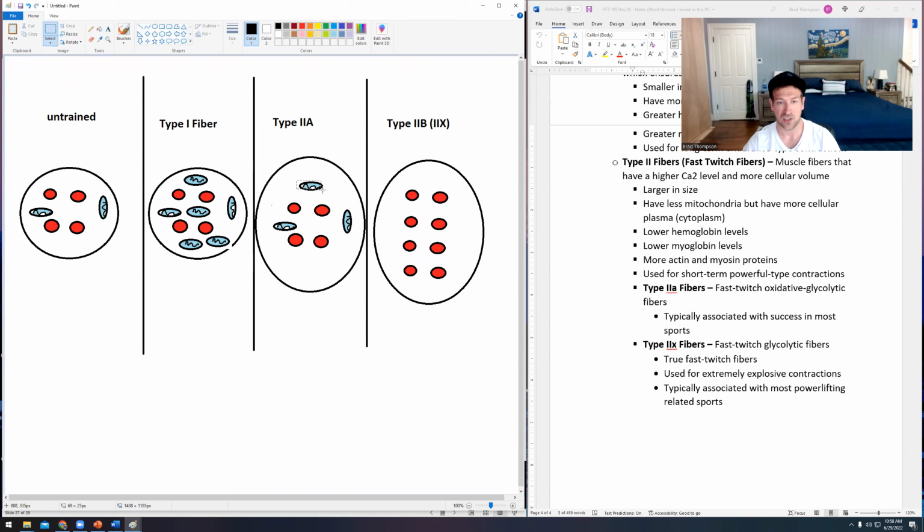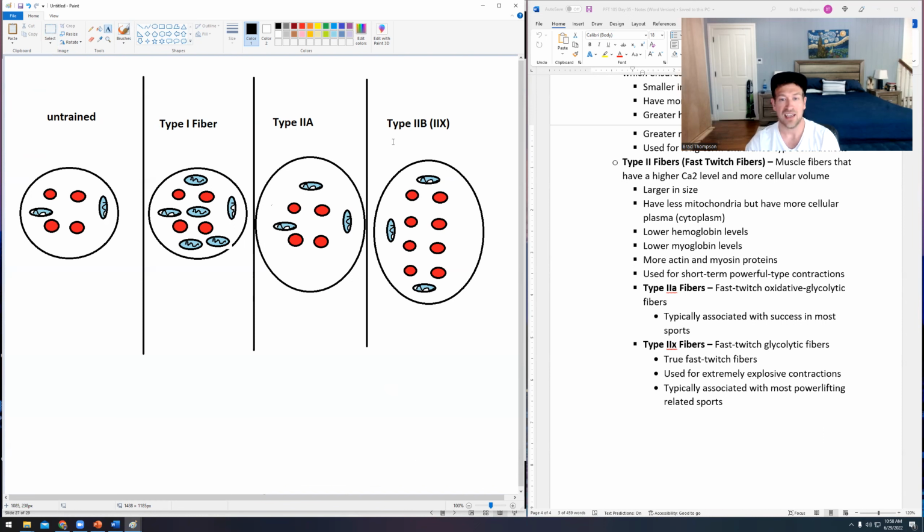And there's probably a little bit of mitochondria in there as well. We're definitely going to see some mitochondria here and there, but not nearly as much as we would see in a type 1 fiber. We also don't see as much cellular fluid in a type 2X fiber because all the fluid space is being taken up by the proteins.